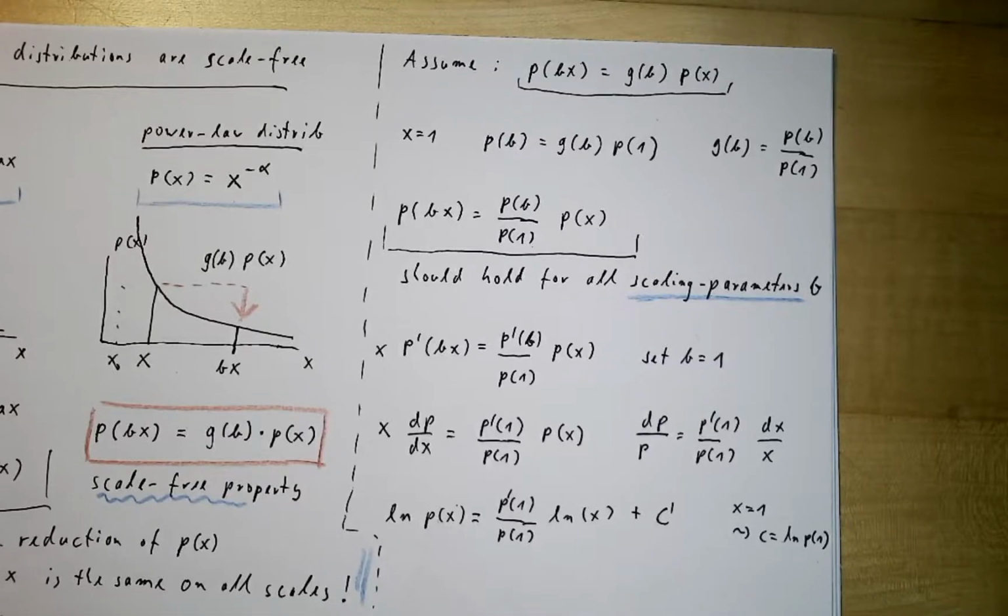We take the exponential on both sides, and then we see that p of x equals p of 1 times x to the minus alpha, and this exponent alpha is just given as minus p prime of 1, the derivative at the position 1, divided by p of 1.